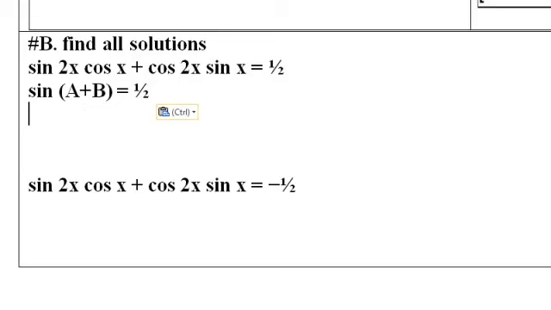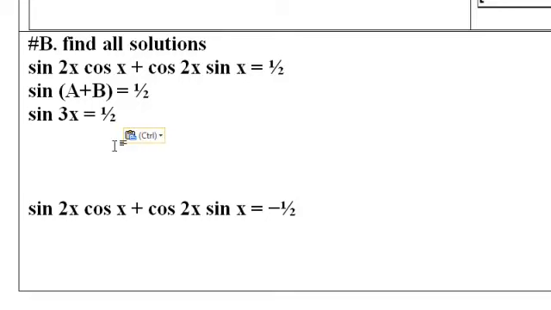And then, of course, that would mean that a is 2x, b is simply 1x. So sine 3x equals 1/2.